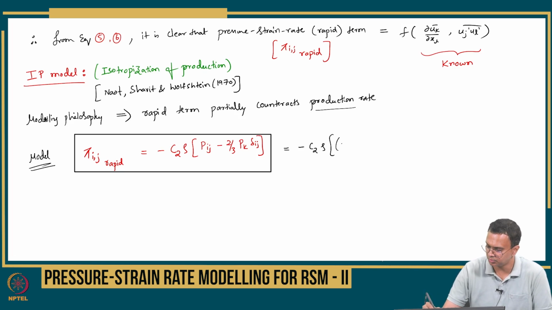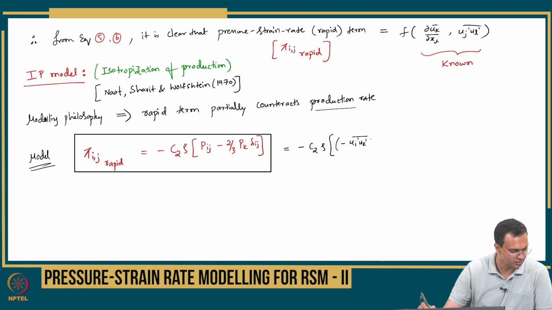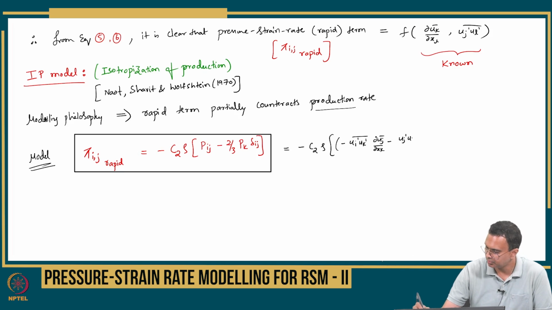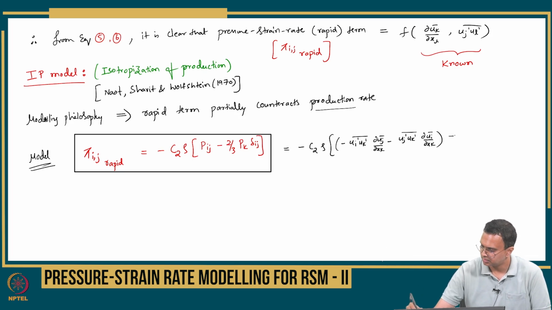Pij is nothing but your minus ui prime uk prime, you can go back and look at the equation, you will get dou uj bar by dou xk minus uj prime uk prime average dou ui bar by dou xk. This is your Pij minus 2/3 Pk, also you can substitute.